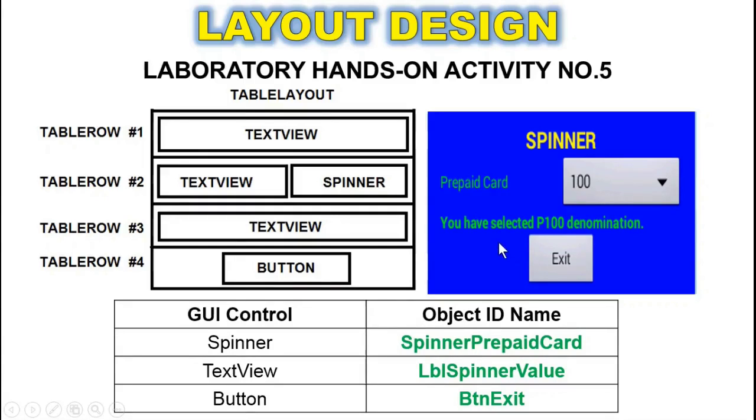Likewise, I like to display a message or feedback on the denomination that was selected by the user. That's why I name this ID LBL spinner value for this text view. And then finally, I wanted to bind a click event whenever the user clicks the exit button, and that's why I named the ID object of this exit button BTN exit.